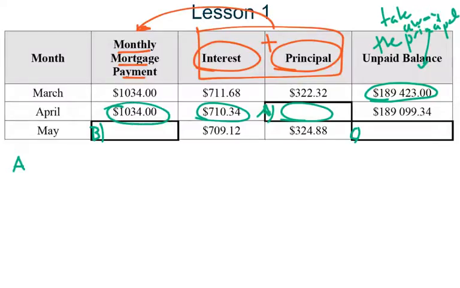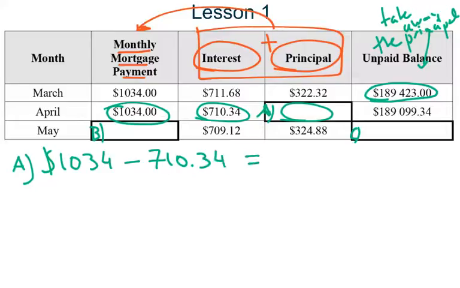So if I take away the 710 from the monthly payment, 1034, I can find how much the principal is, and I'm getting 324.66.